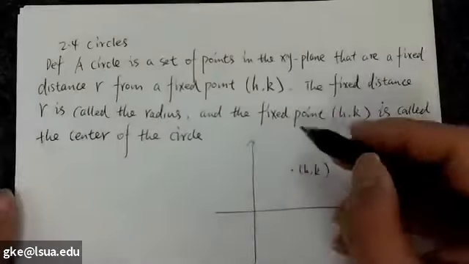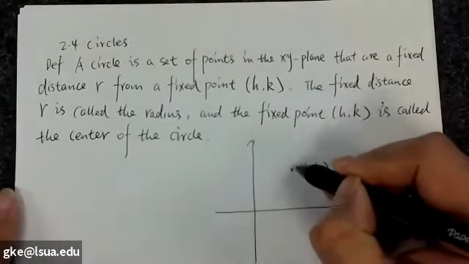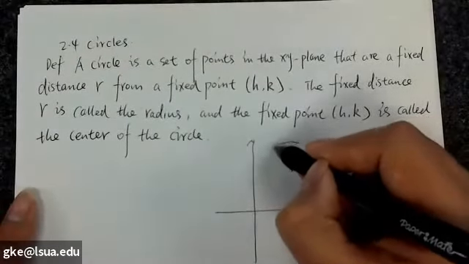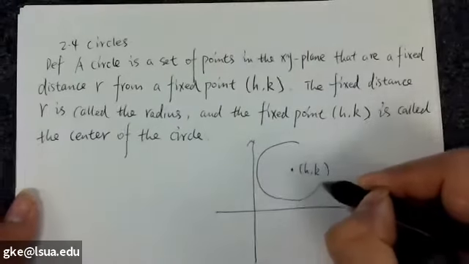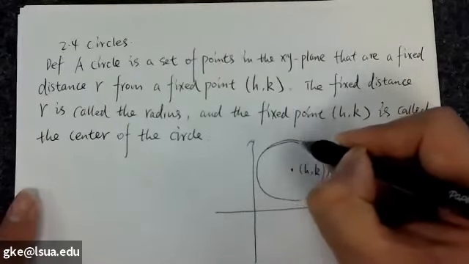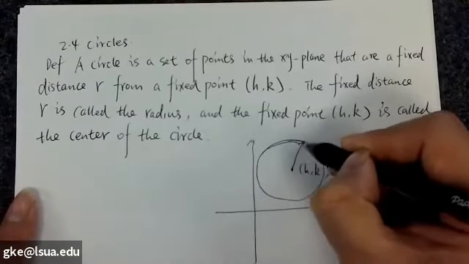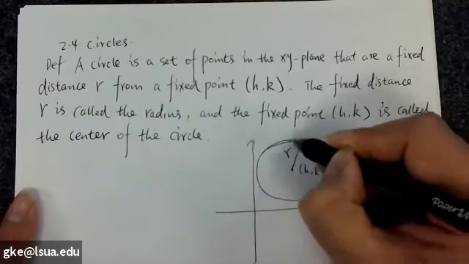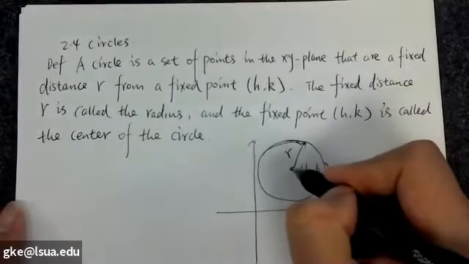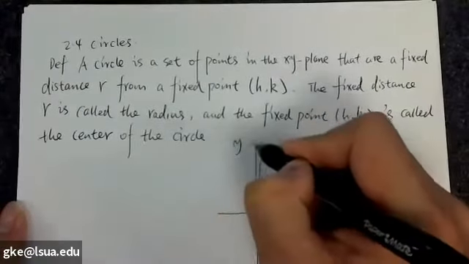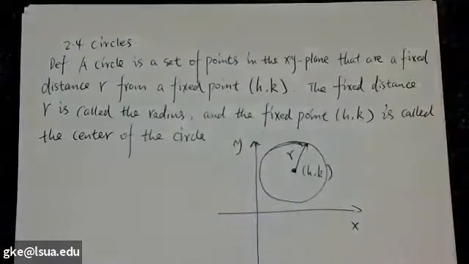And the circle means what? The points on the circle always have a fixed radius, that is R. That's the definition of a circle.